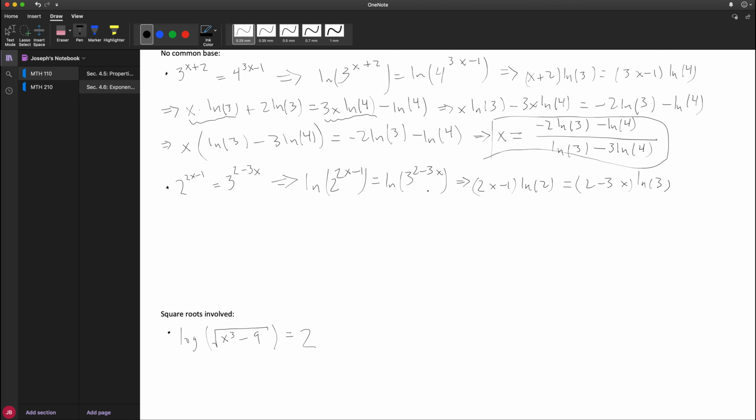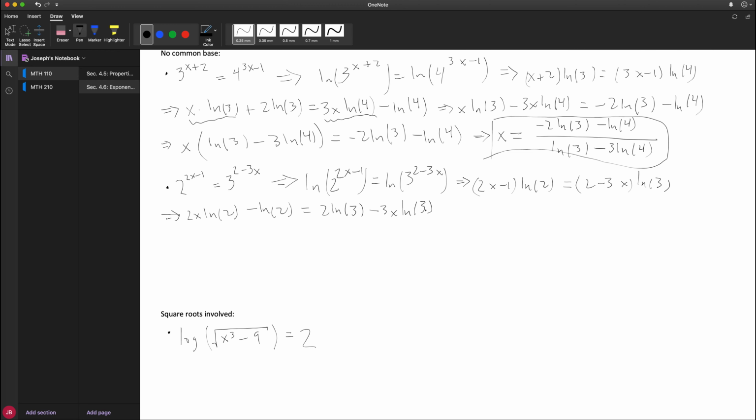Distribute. So this is 2x ln 2 minus ln 2 equals 2 ln 3 minus 3x ln of 3.